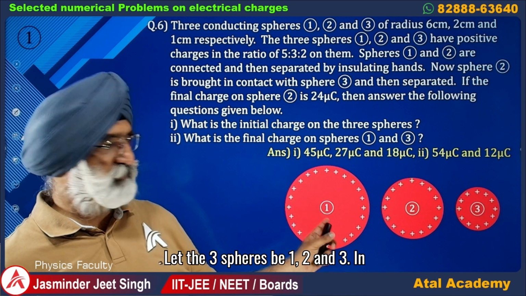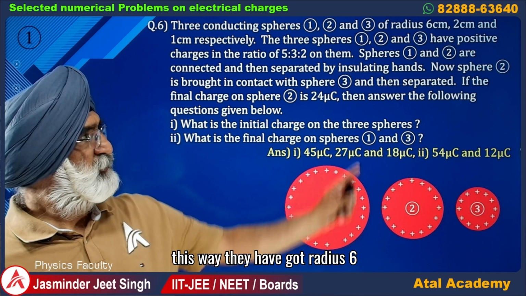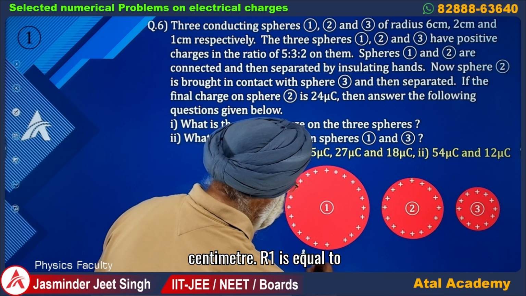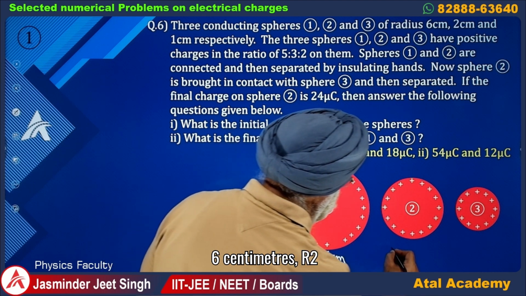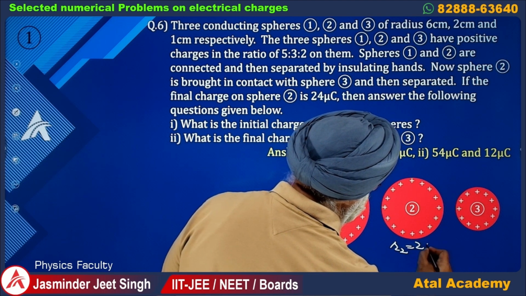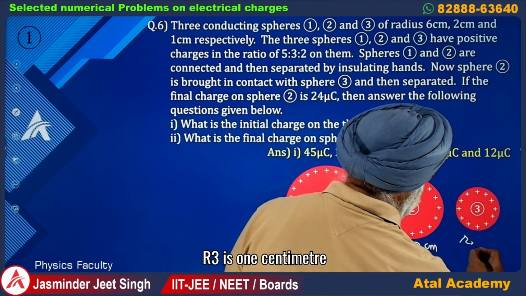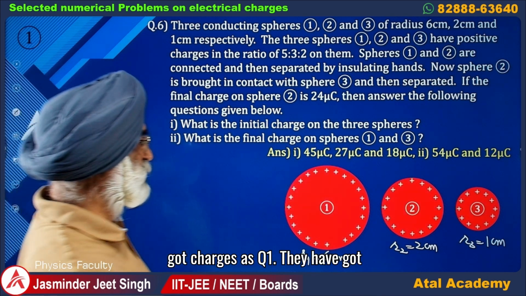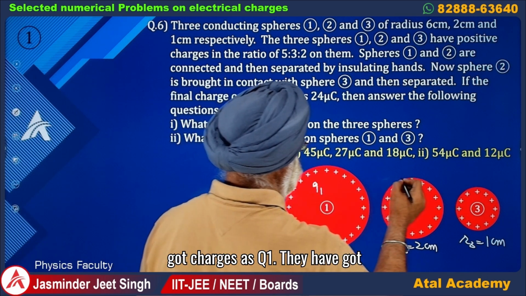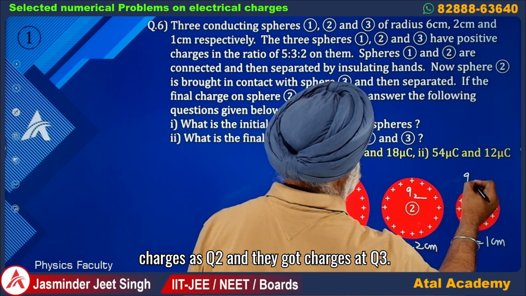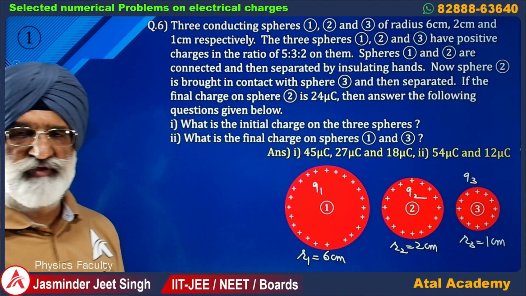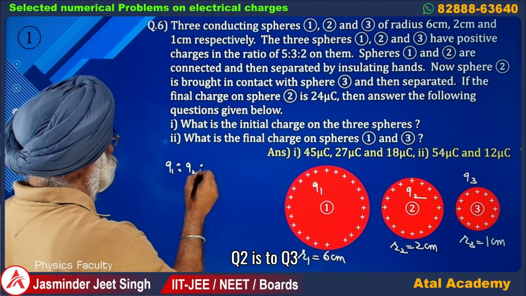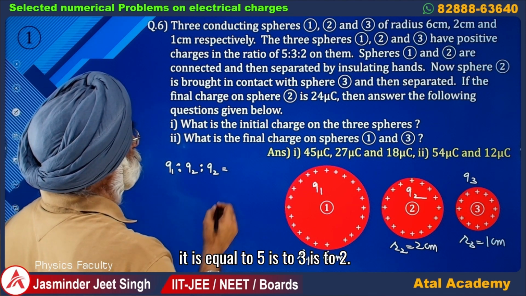Let the 3 spheres be 1, 2 and 3 in this way. They have got radius 6 cm, 2 cm and 1 cm. R1 is equal to 6 cm, R2 is 2 cm, R3 is 1 cm. And they've got charges Q1, Q2 and Q3. The ratio of Q1 to Q2 to Q3 is equal to 5:3:2.